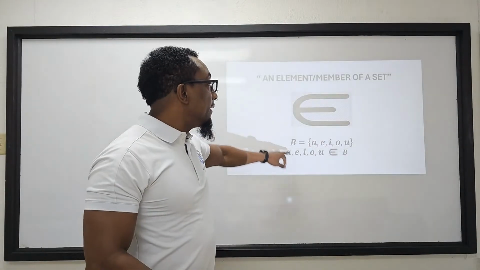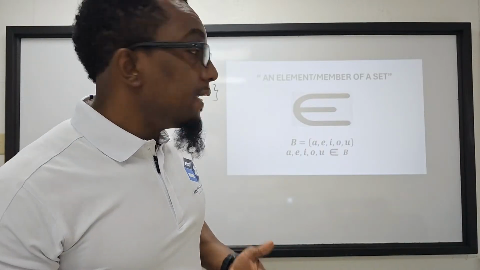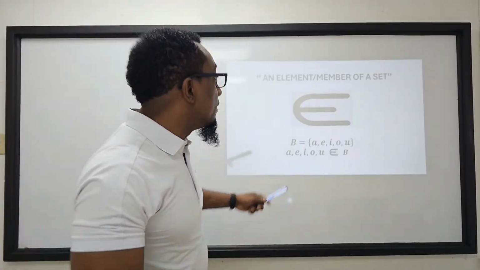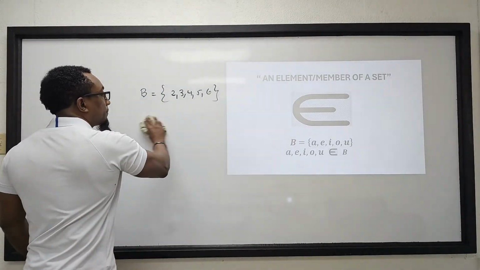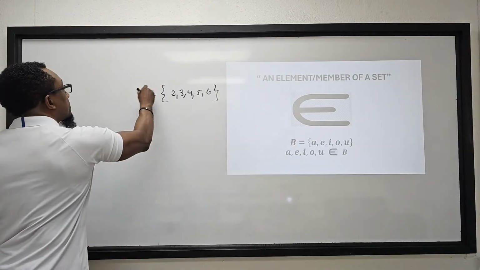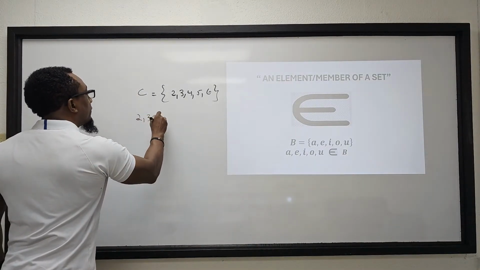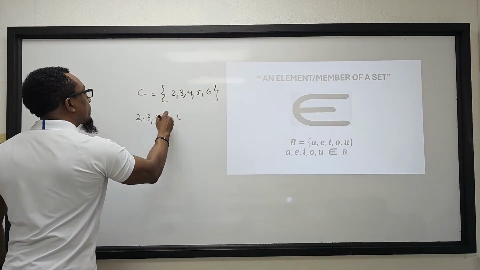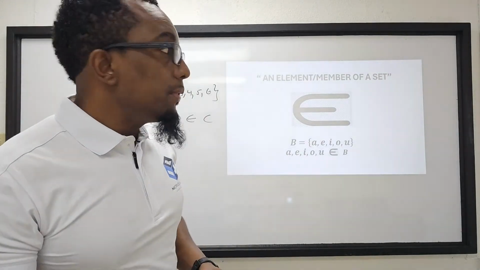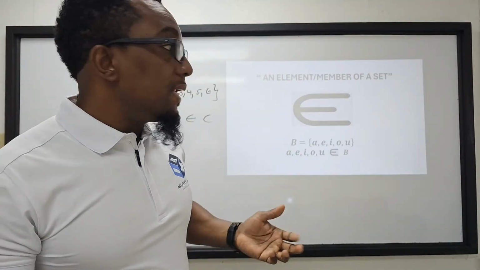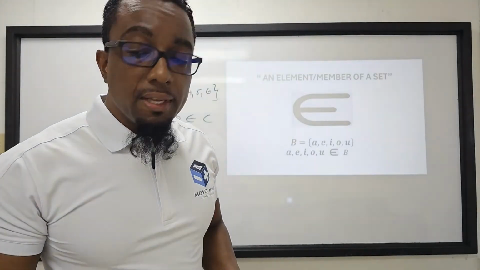So if I have set B, whose elements are A, E, I, O, U, vowels of the alphabet, then clearly A, E, I, O, and U are members of set B. So I know if I have this here, if it's set C, then I know that 2, 3, 4, 5, and 6 are members of set C. Alright, so in short, we know what are members, what are elements, and of course, that symbol will indicate what are the members or elements of the given set.